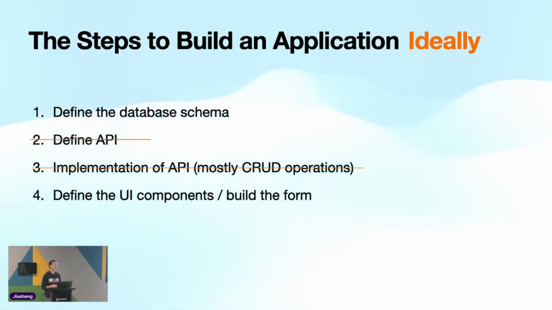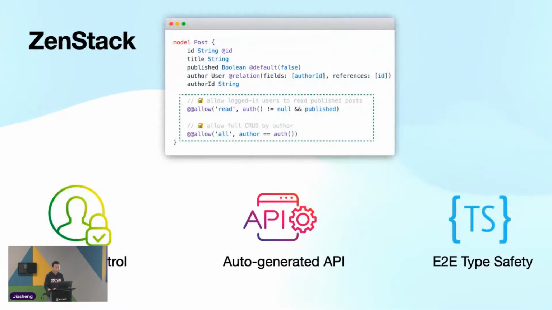But for a lot of other cases you still need your API, especially for common functionality that doesn't belong to a specific page or component. So for that case, you still need to have the API defined. So I'm thinking we push it further to remove the API work, at least for the CRUD operations. So here comes the stack.